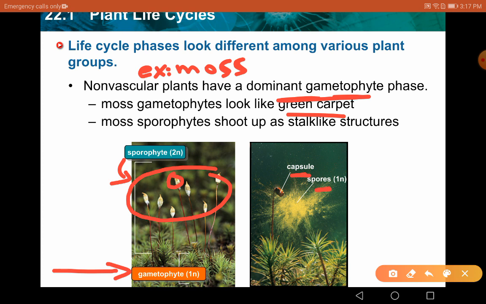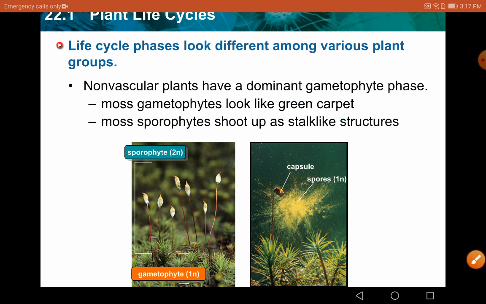So here you will realize that the dominant phase is the gametophyte phase, and the stalk-like structure is the sporophyte phase. Inside it there are spores. Okay, let's move to the next part.